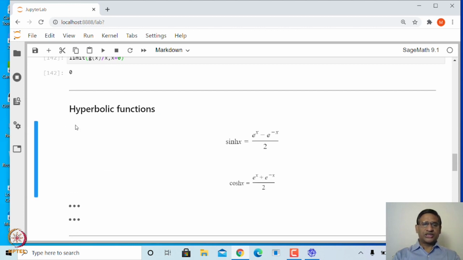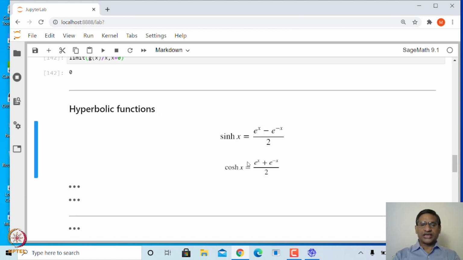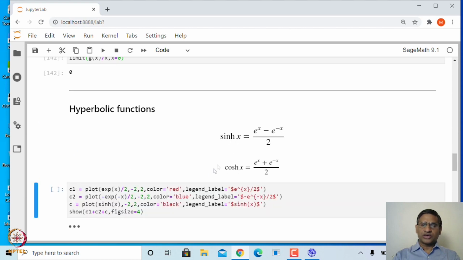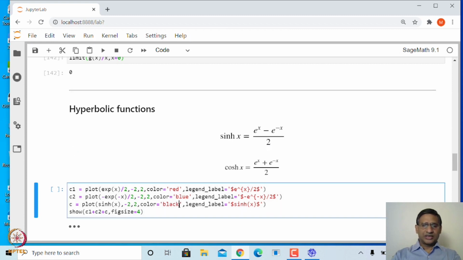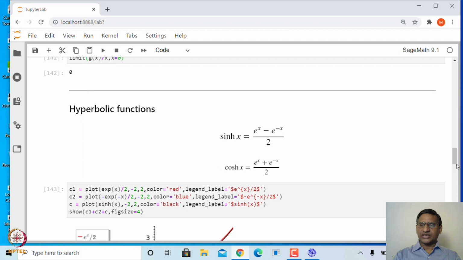Now, you must have seen how hyperbolic sine and cosine are defined. Hyperbolic sine is defined by e to the power x minus e to the power minus x, divided by 2, whereas cos hyperbolic x is defined as e to the power x plus e to the power minus x, divided by 2. If you want to plot the graph of sine hyperbolic and cos hyperbolic, one way to visualize this is to plot the graphs of e to the power x by 2 and e to the power minus x by 2, and then add these two together, and you will get the graph of sine hyperbolic.